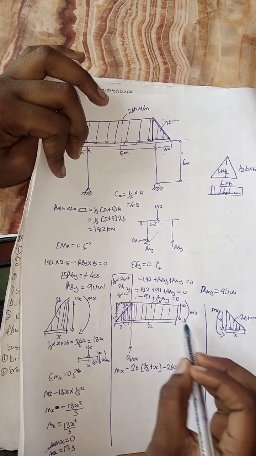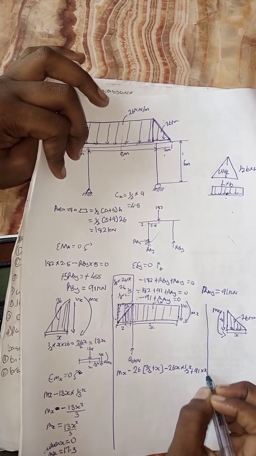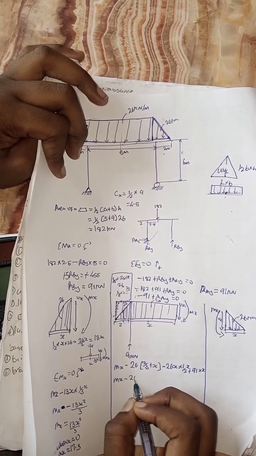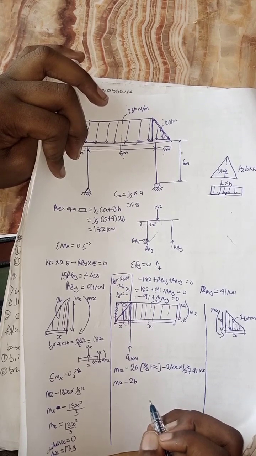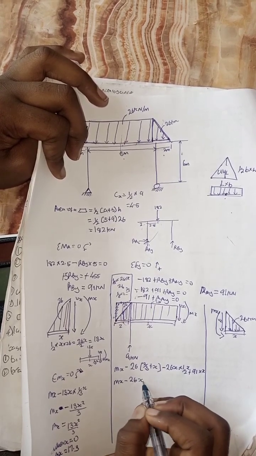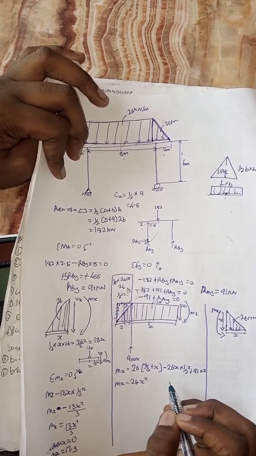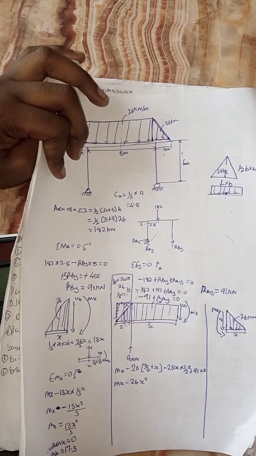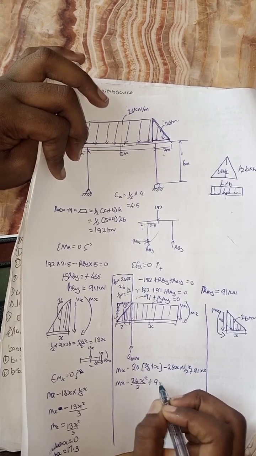Yes, this one moving in the clockwise direction, plus 91 times x. So we have Mx minus 26x squared divided by 2 plus 91x.